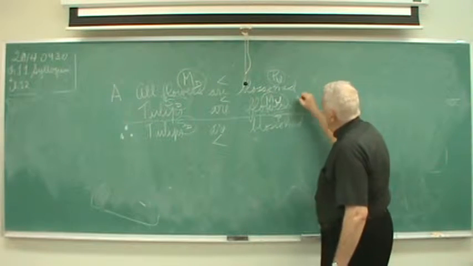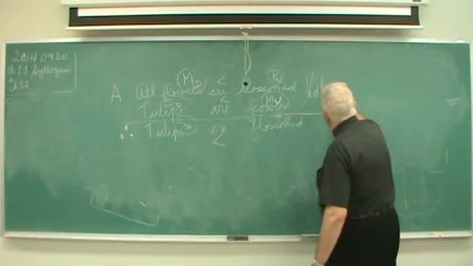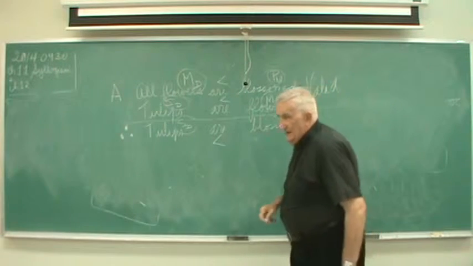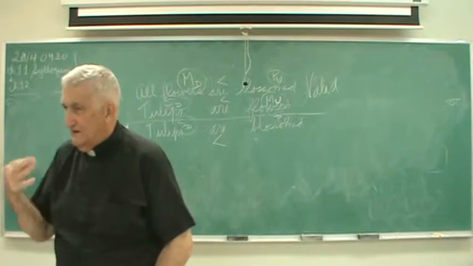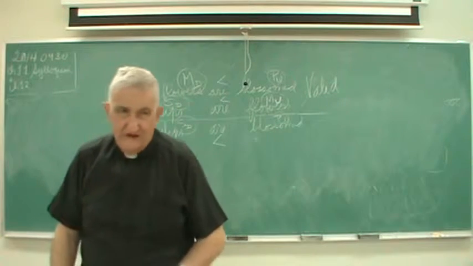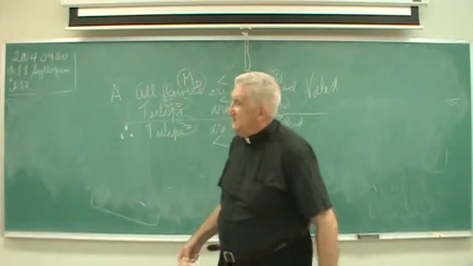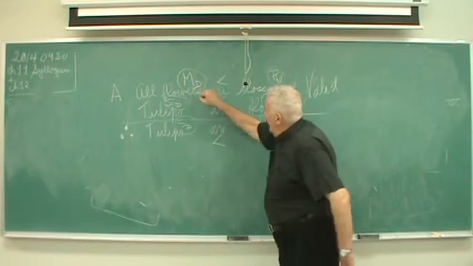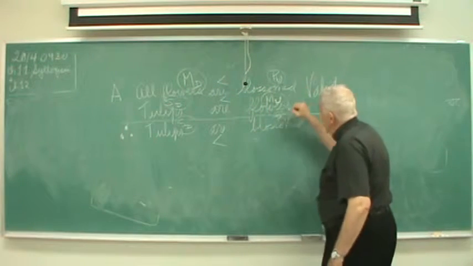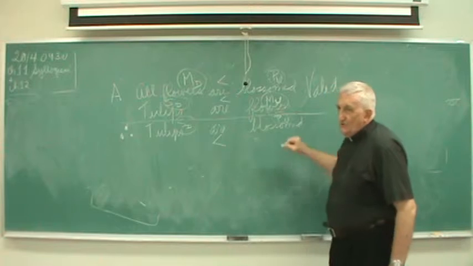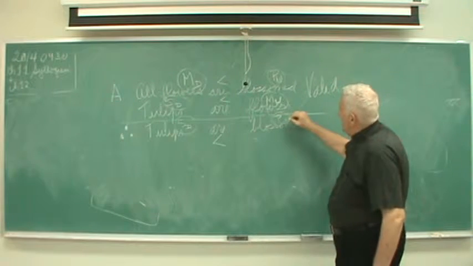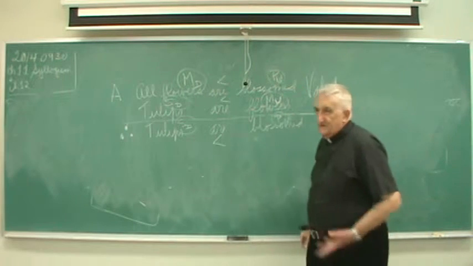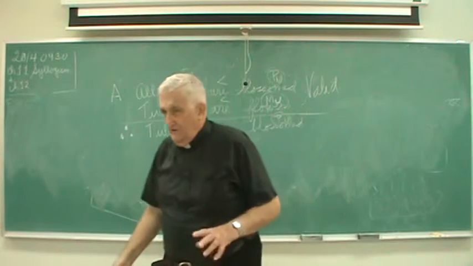Okay. That is valid. It obeyed the law, so you have to apply the law. Most of the time, the mistakes are especially in the middle term and in the extension of the term. Many times, in the conclusion, the predicate has more extension than in the premises. So it's not difficult.